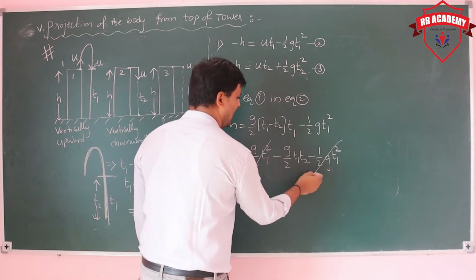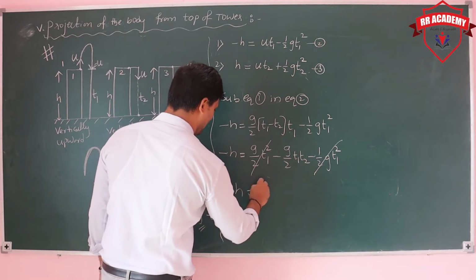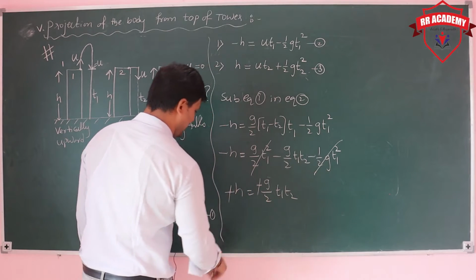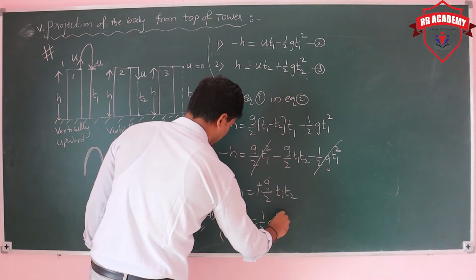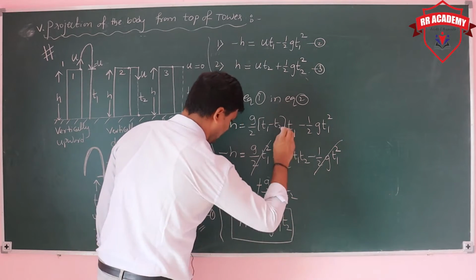Half g t1 square cancelled. Then minus h is equal to minus g by 2 into t1 t2, minus gets cancelled. Then h is equal to half g t1 t2.